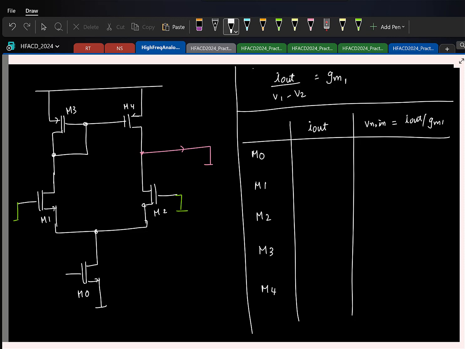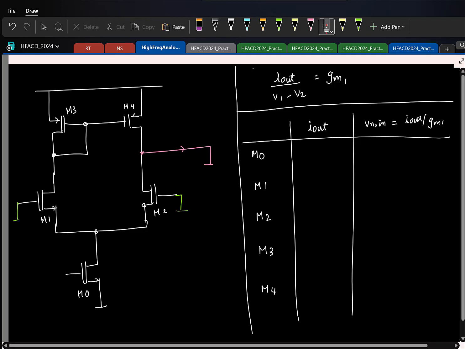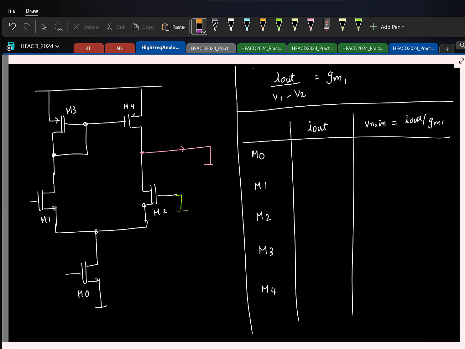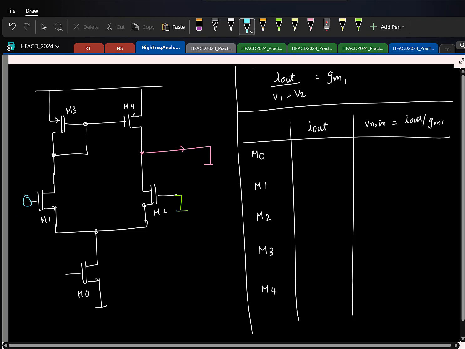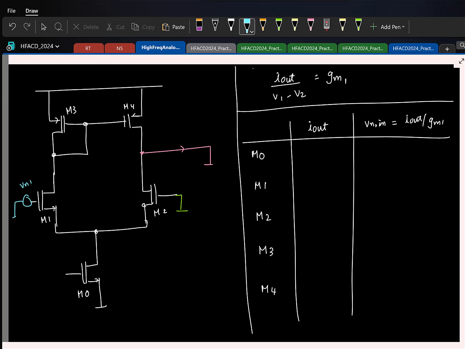Okay. Right. So let's start with the input transistor M1. So again, to model the noise for this input transistor, you can consider it to be an input referred voltage noise for the transistor. So now can you tell me what will be the contribution of this transistor M1 to the total input referred noise voltage?